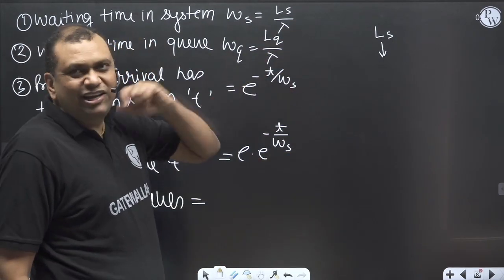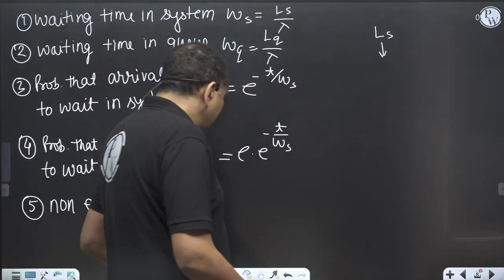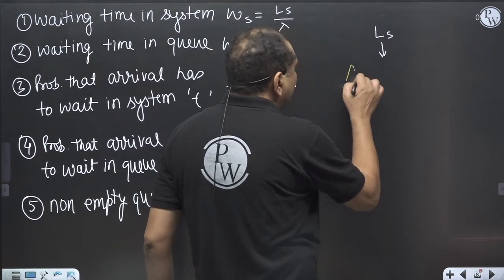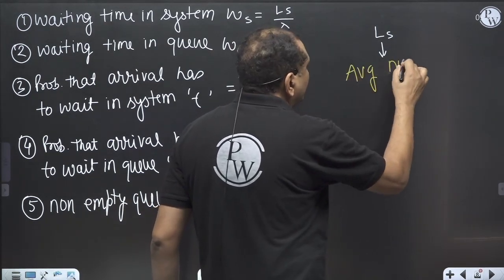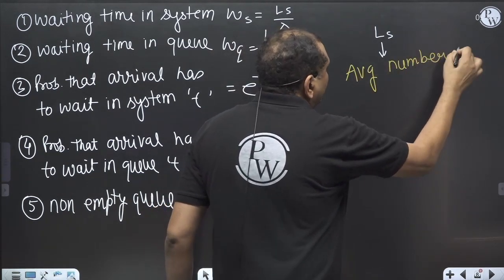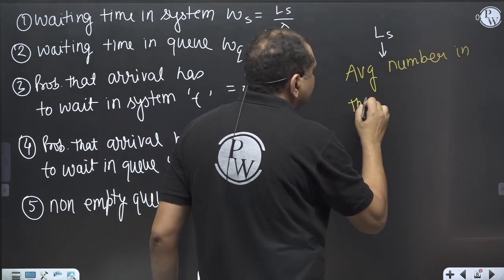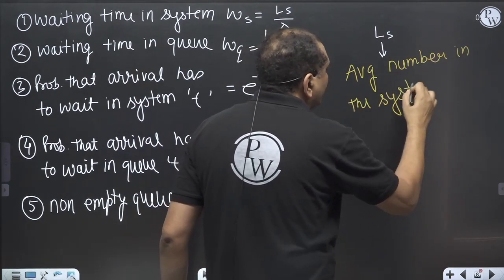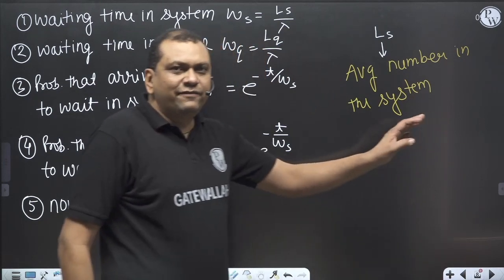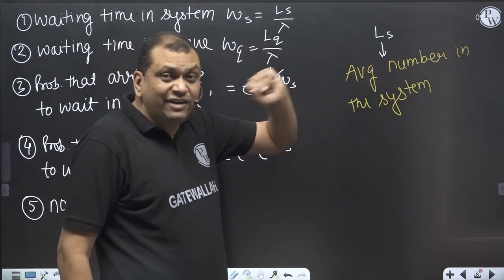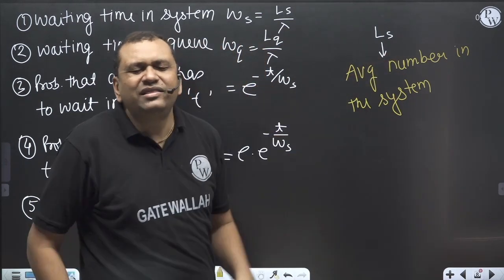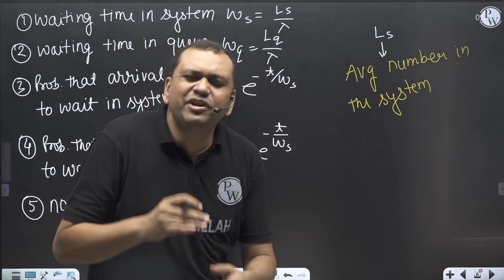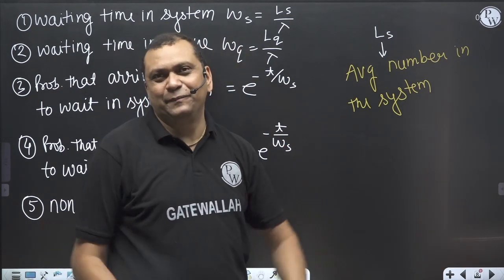So how are we calculating the Ls? It is the average number in the system. And how have we calculated the average?